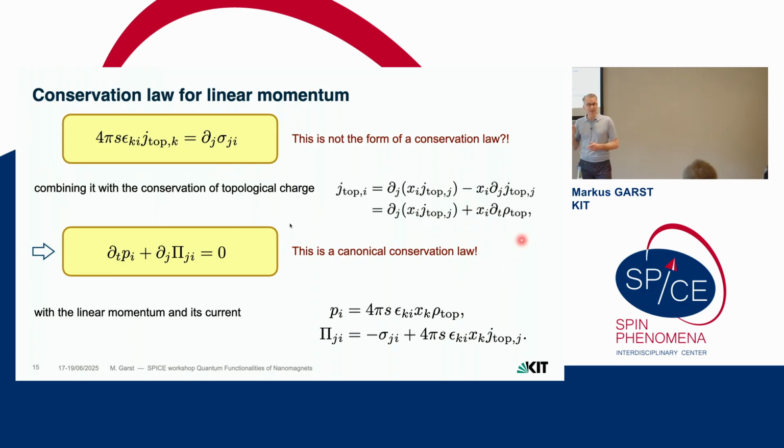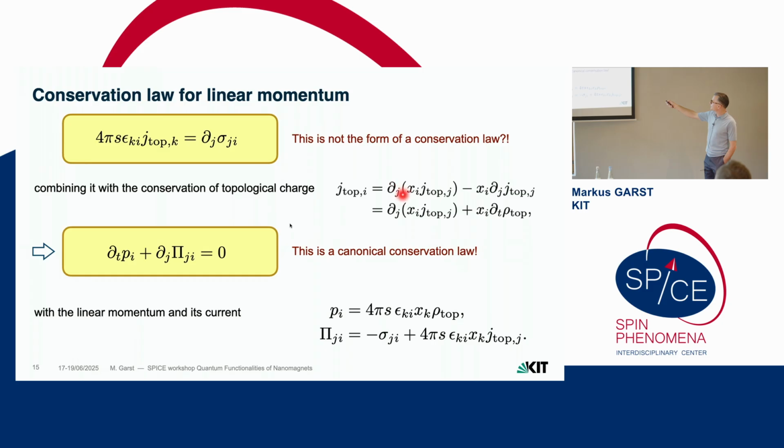Now here we use the manipulations, however, for the topological current. So you see, you can just write the topological current as a derivative of space times the current. So this gives you two contributions by the product rule.